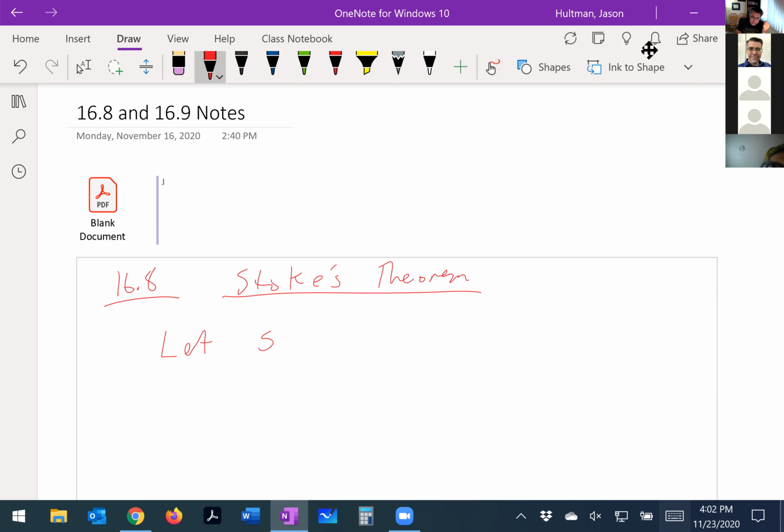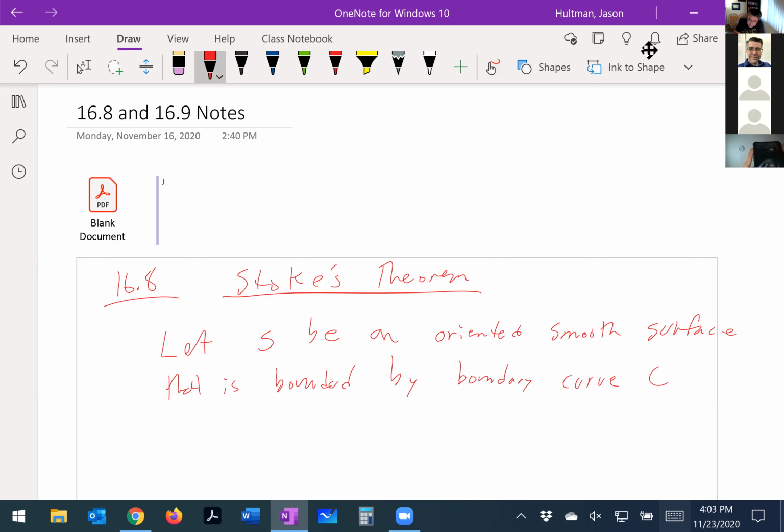Let S be an oriented smooth surface that is bounded by a boundary curve C with positive orientation.